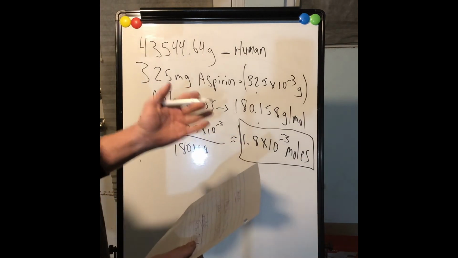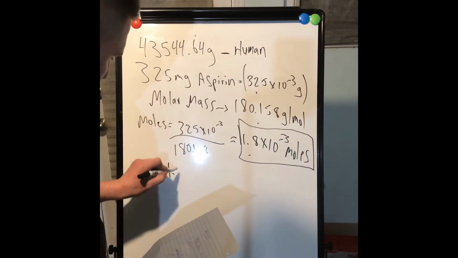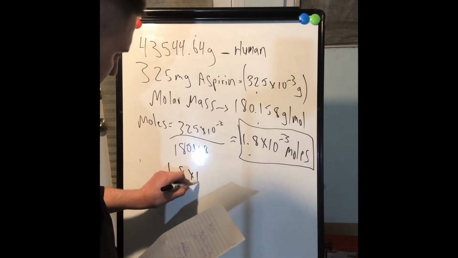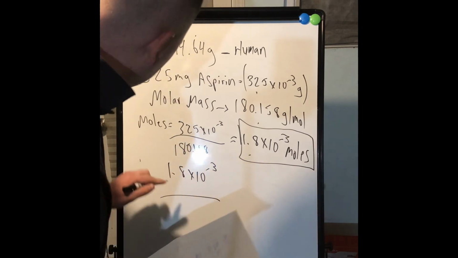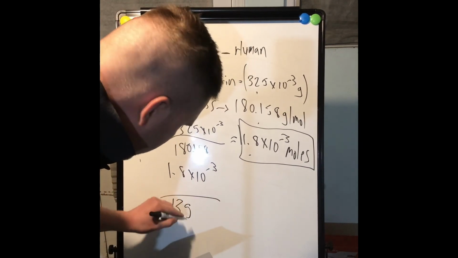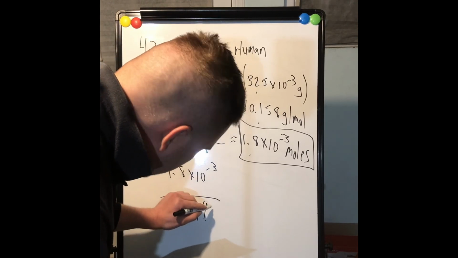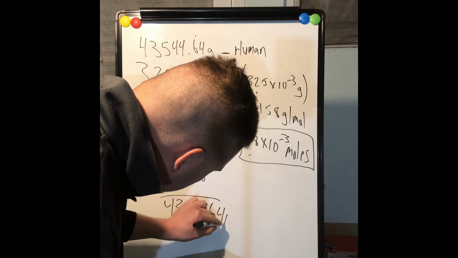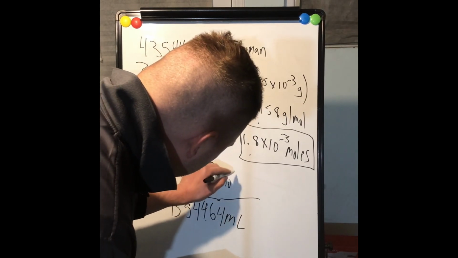But we want to know the concentration of this in here. So now we're going to do 1.8 times 10 to the negative 3 divided by 43,544.64 milliliters. And this is, of course, moles.